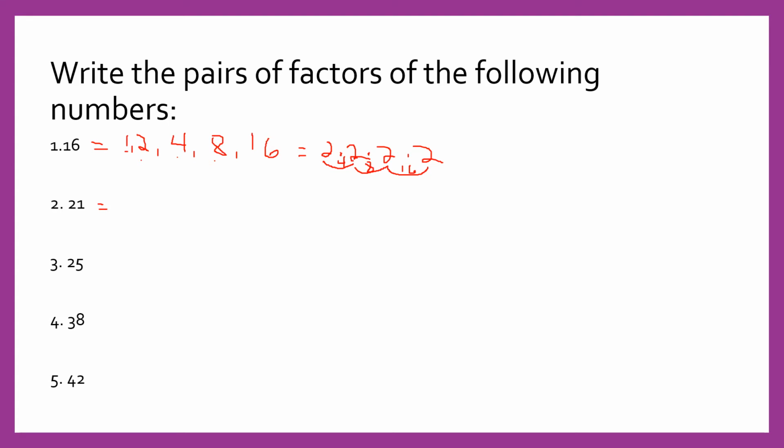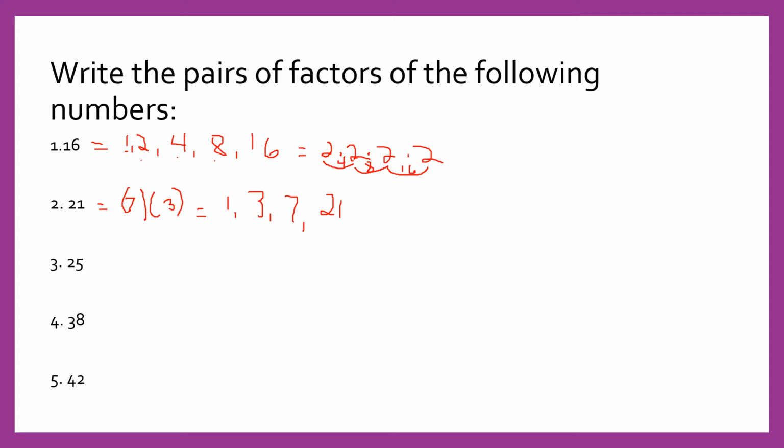So, we just multiply. Okay, next, we have here 21. So, 21 is 7 times 3. We will not use the x, pwede natin gamitin yung close and open parenthesis or yung dot. So, 3 times 7, or pwede ring 1, 3, 7, and 21.